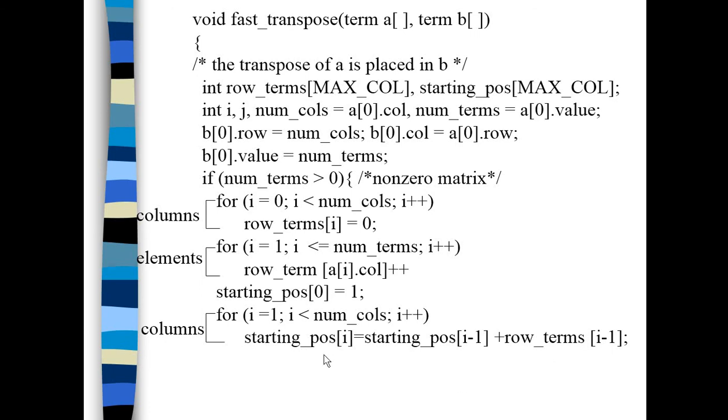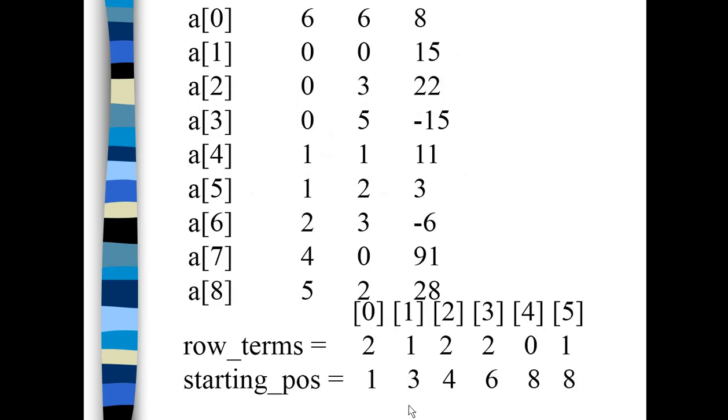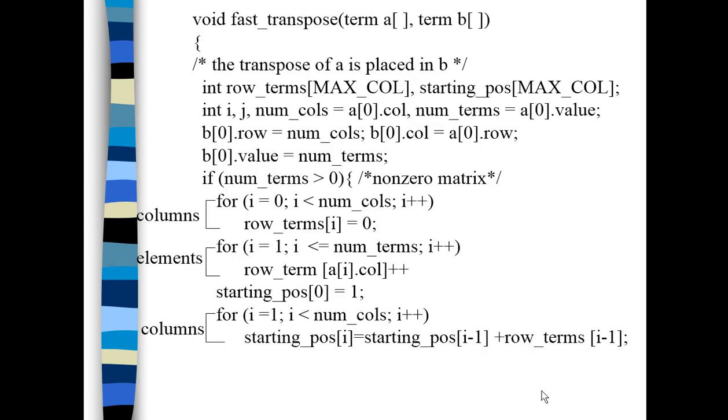As I told you, how do you calculate the starting position? 1 plus 2 is 3. Here the present starting position is added to the row terms, and the same logic is used here: starting position of i is equal to starting position of i minus 1 plus row terms of i minus 1.